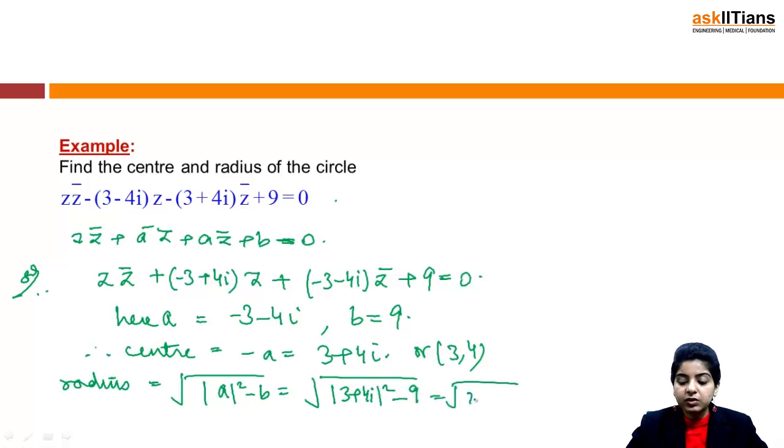Modulus of 3 + 4i squared is the square root of 3² + 4², that's 25, because the square root and the square get cancelled. So we have 9 + 16, that's 25, minus 9. So the answer is 4. Hence the center is -3 + 4i or (3, 4) and the radius is 4.